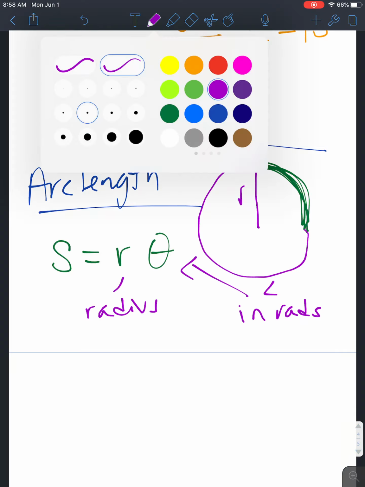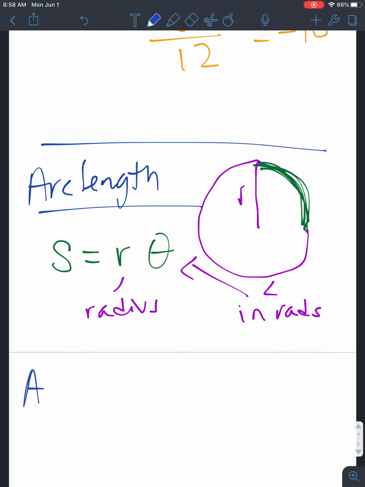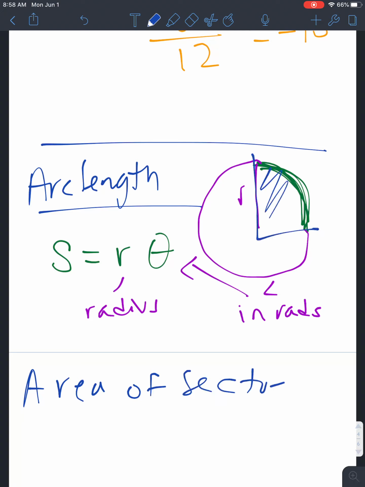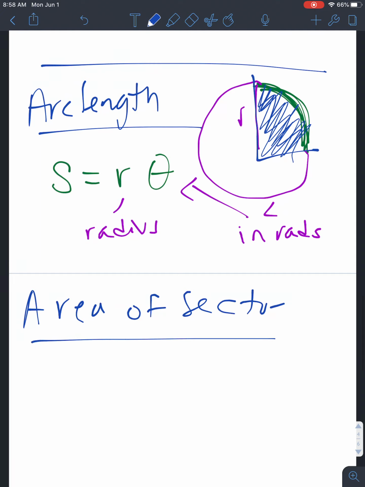And then you have the area of an arc length, or the area of a sector. Because if we had this, this is what we call the area of a sector, because it has a partially rounded portion. And the area of a sector is 1/2 r squared theta.